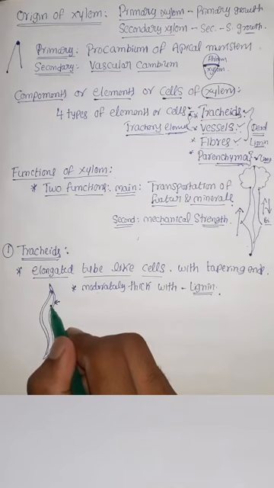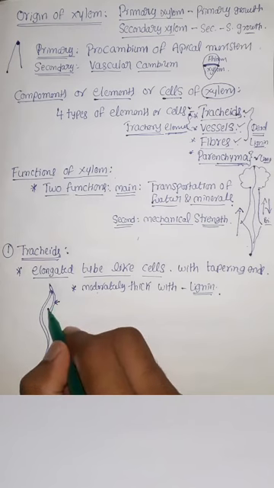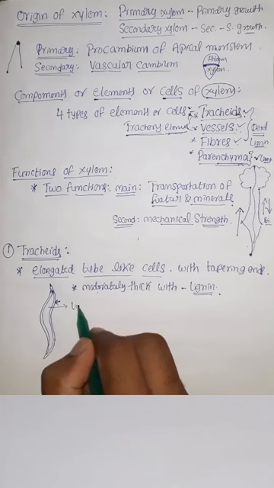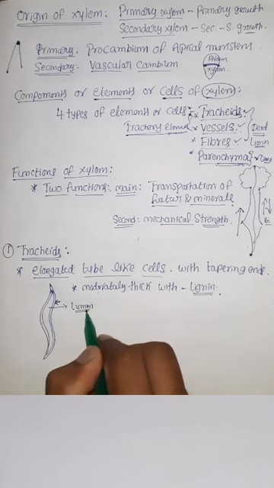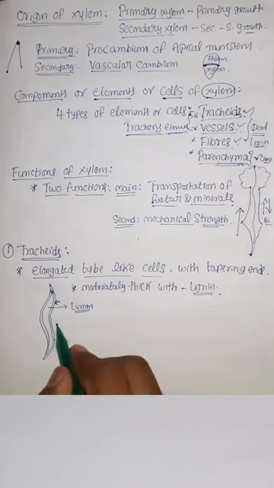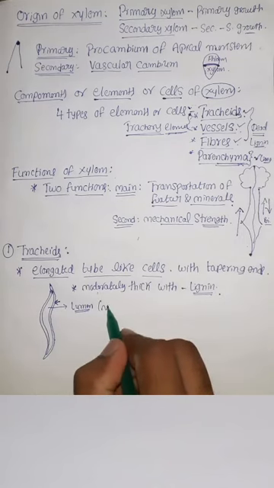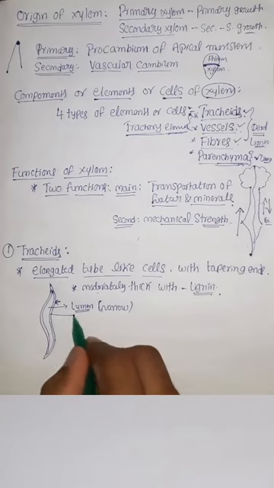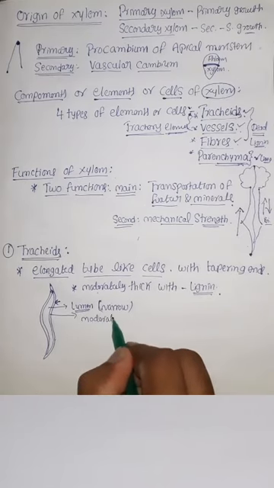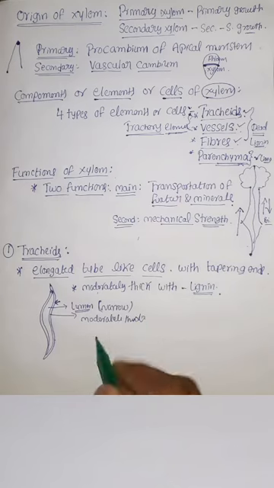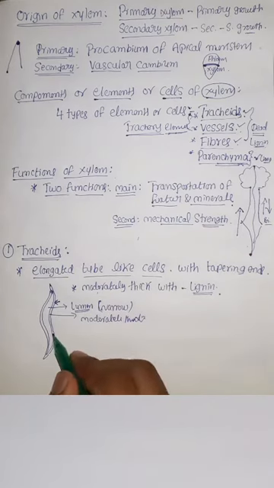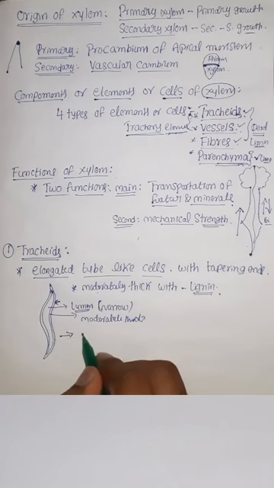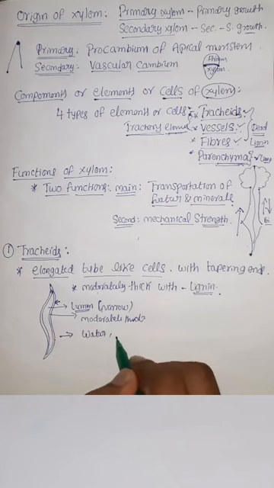That's why the cell cytoplasm automatically undergoes death. Inside the cell we can see a hollow space called the lumen. In case of tracheids, the lumen is narrow, and the cell walls are moderately thick.